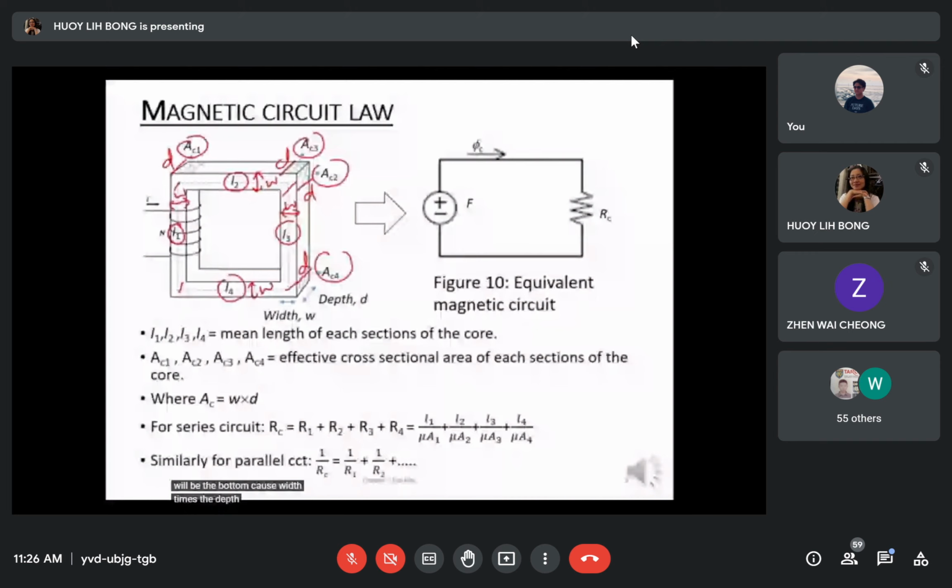The reluctance can be found by dividing the length with mu A. Since the reluctances of the core are connected in series, the total will be R1 plus R2 plus R3 plus R4. And the core will be connected to the MMF source.